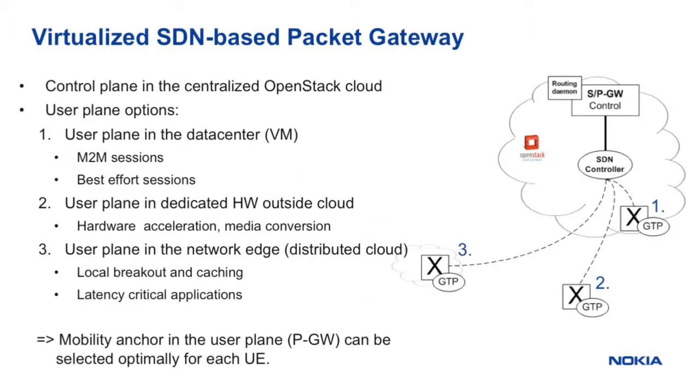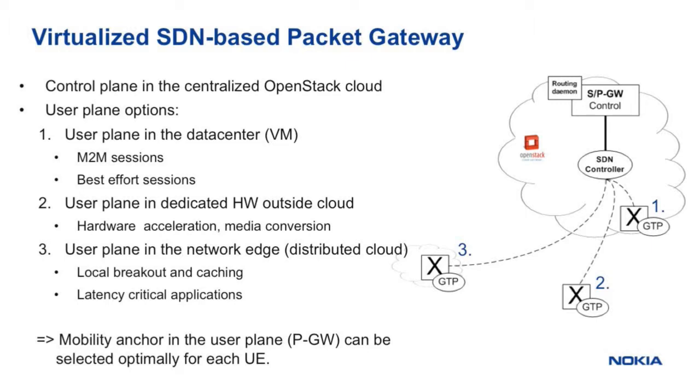So if we have a closer look at this SDN-based virtualized packet gateway, again, the S+P gateway control is in the cloud, but for the user plane, there are several options. For best effort sessions, the user plane in the data center in a virtual machine could be reasonable, for example, for a huge amount of machine-to-machine type of sessions.